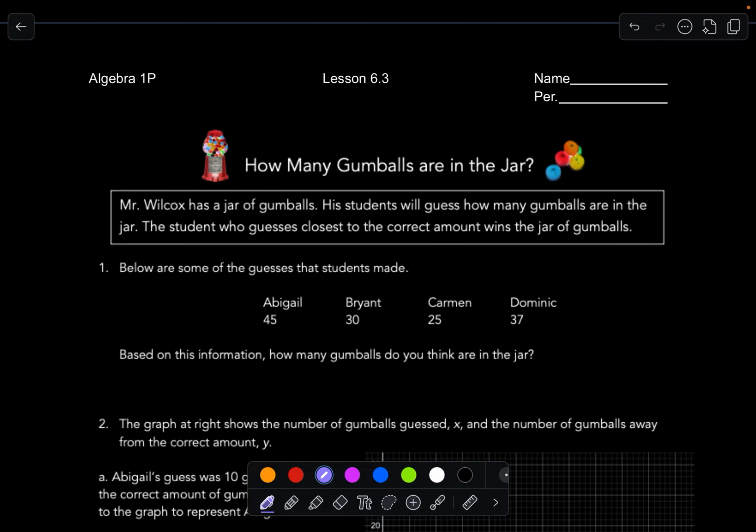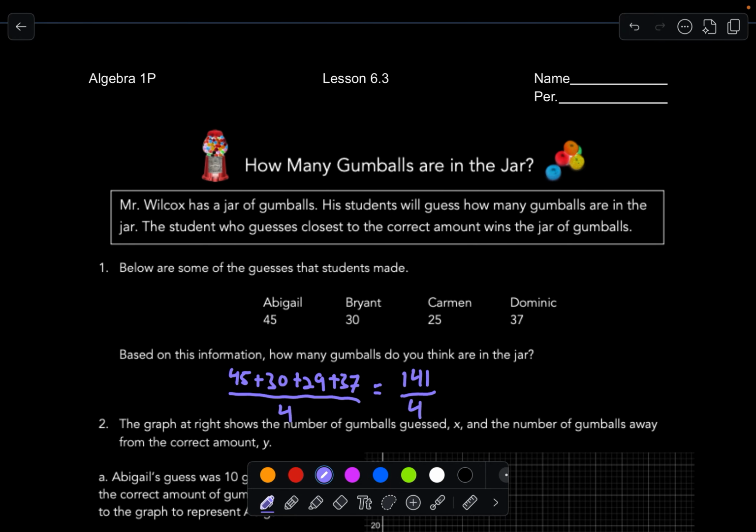Well, one way of figuring this out, or guessing, would be to find the average. So I'm going to do that. I'm going to take 45 plus 30 plus 29 plus 37, add them up, and divide by 4, saying that's as good a guess as any from this information. So 45 plus 30 plus 29 plus 37, that is 141, divided by 4.